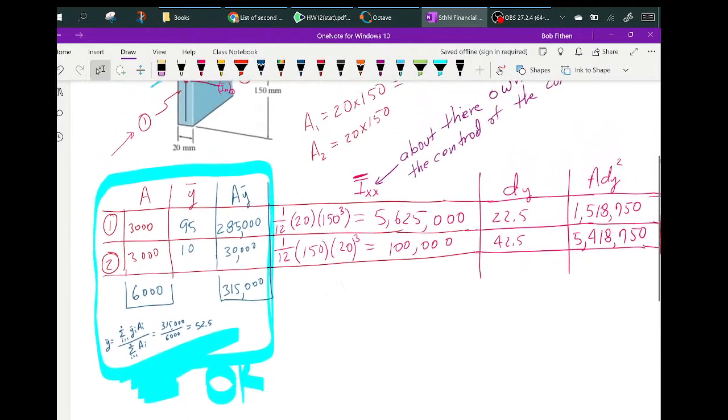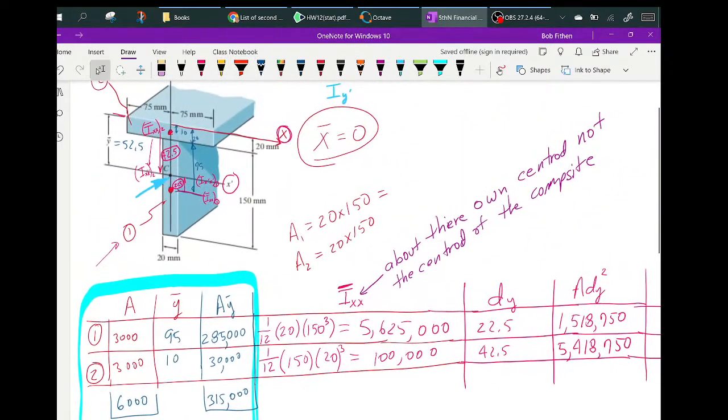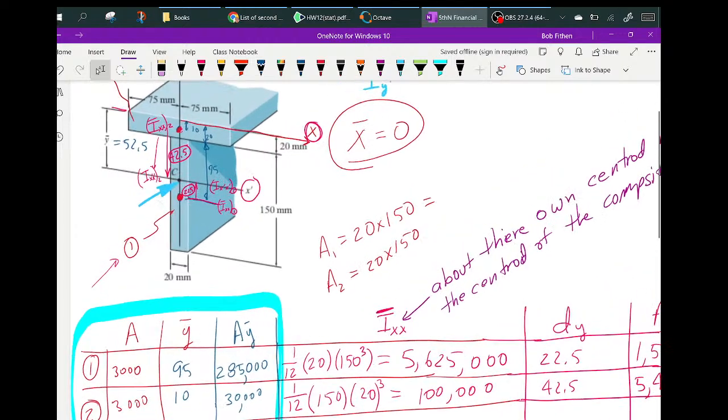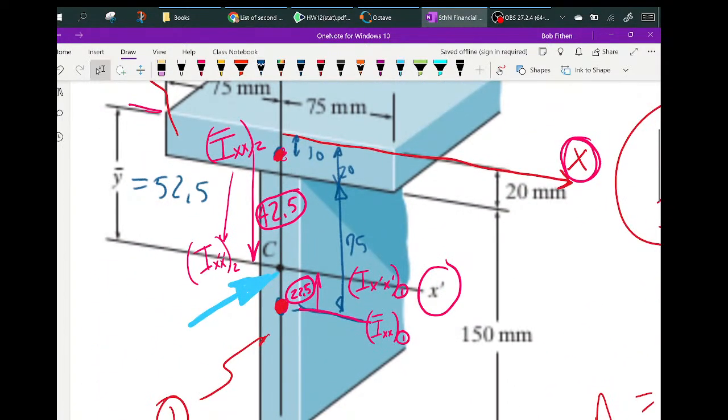My distance, y. Okay, so let's take a look and let's be very, very careful here. What is the distance it has to move to? Is it 42.5 for this one, for the upper one? Did I swap these backwards? And is it 22 there? Okay, let's take a look here. It's 52.5.